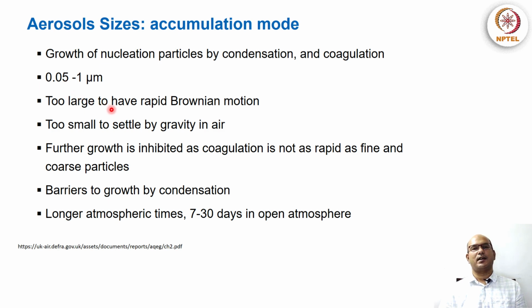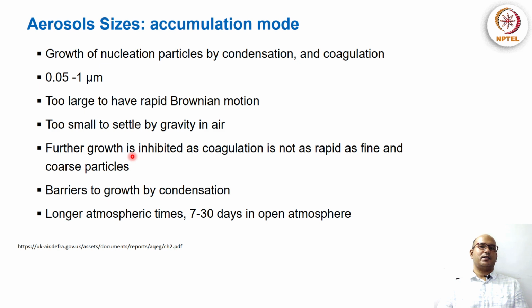These particles are too large to have rapid Brownian motion, so they will not deposit on the surface as much, but they are too small to settle by gravity also. So you can think of these particles as having the least amount of deposition and the most residence time in the air.